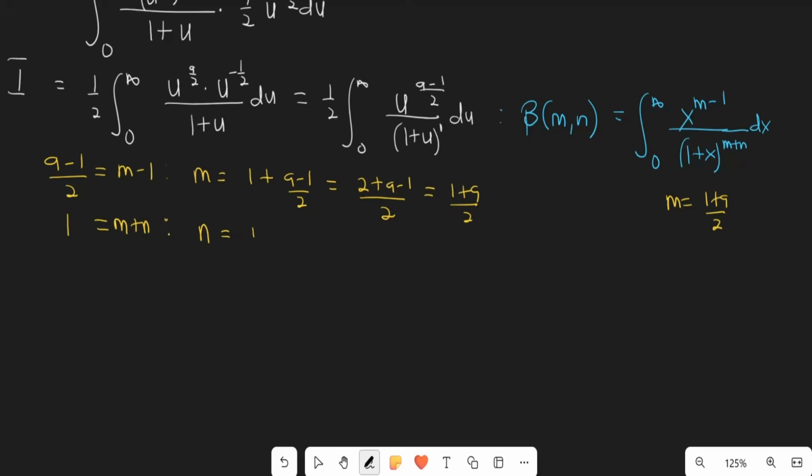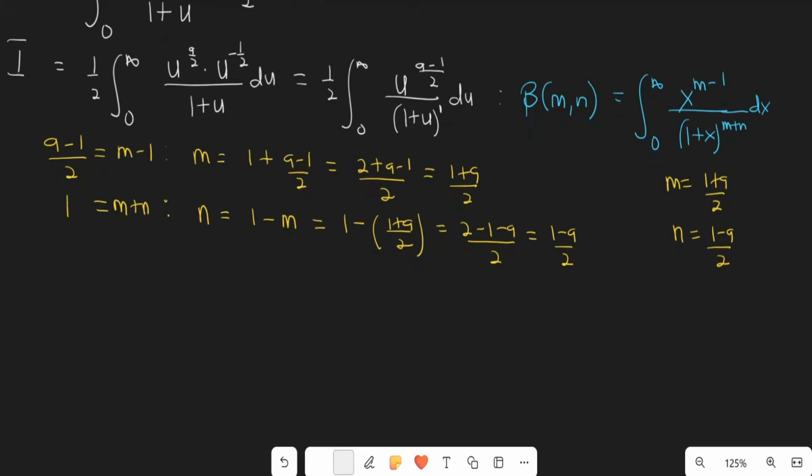N is equal to 1 minus m, and that is equal to what? 1 minus, in place of m, we write 1 plus a over 2. And this is equal to 2 minus 1 minus a, all over 2. And that is equal to 1 minus a over 2. So the value of n is 1 minus a all over 2.